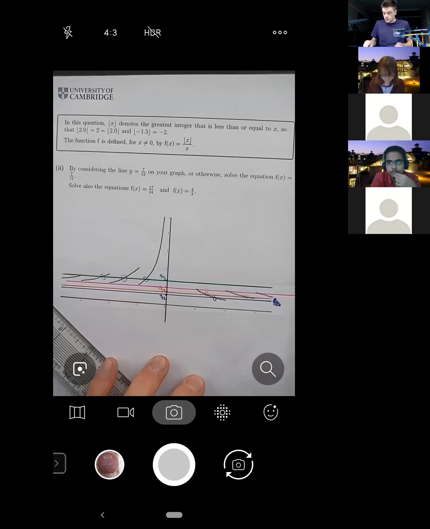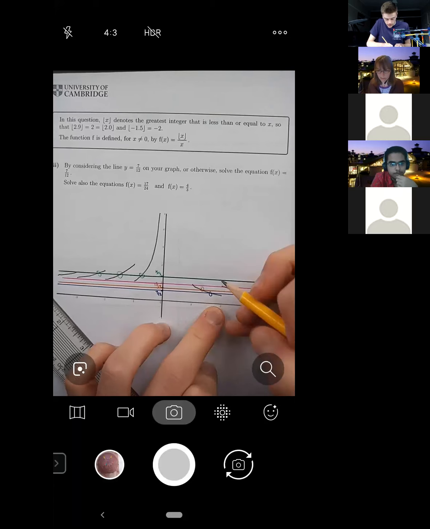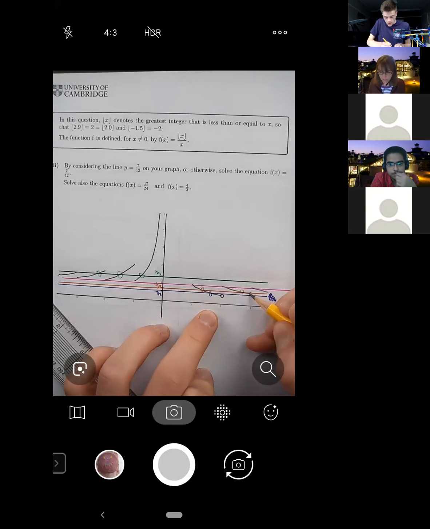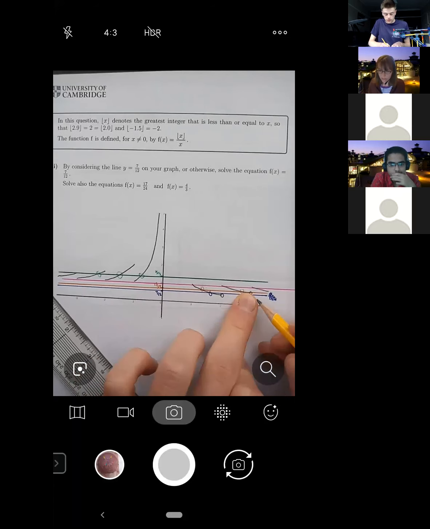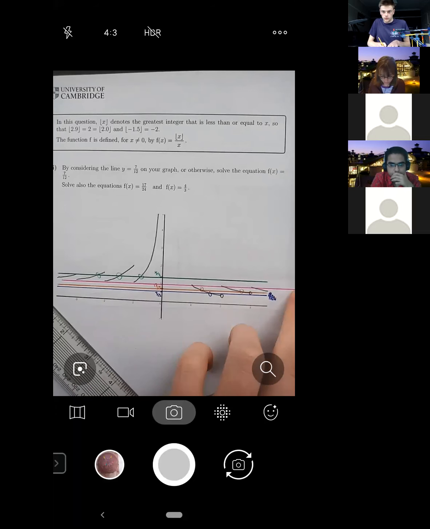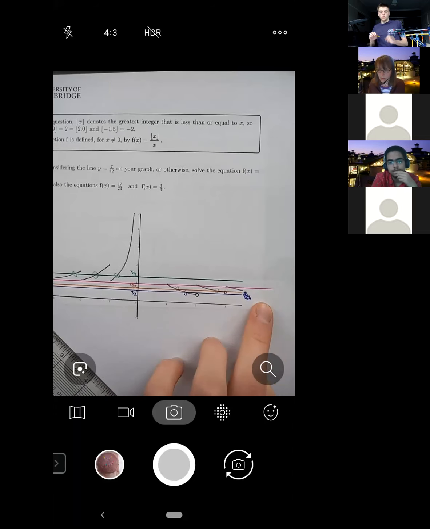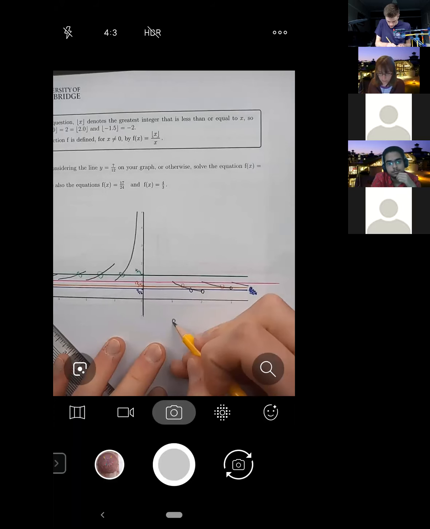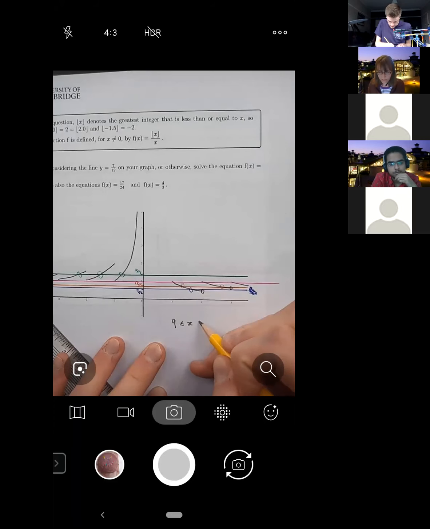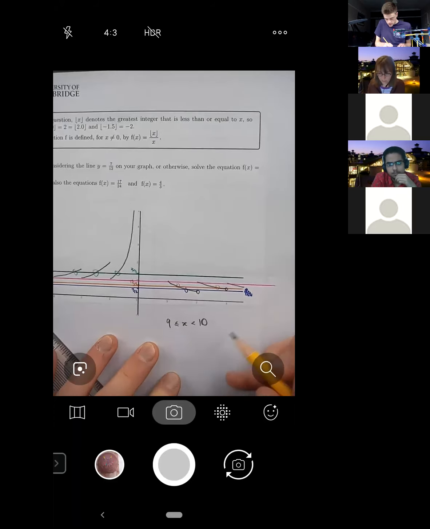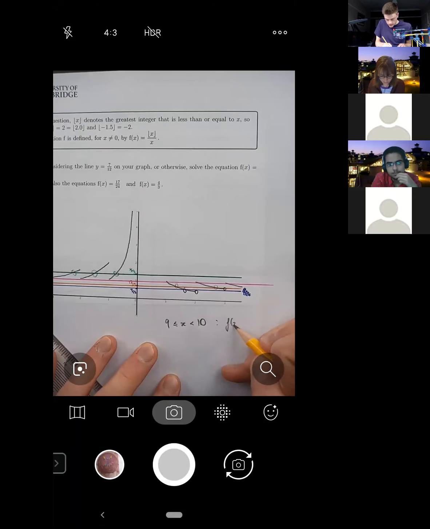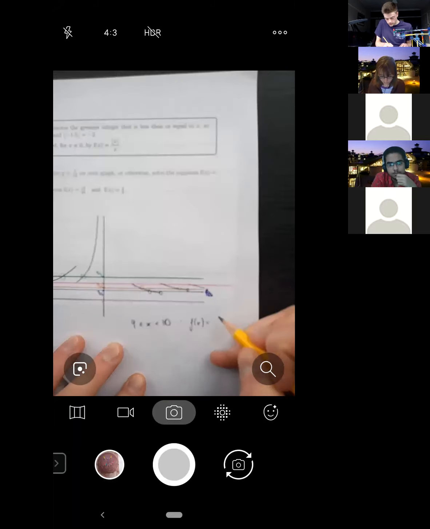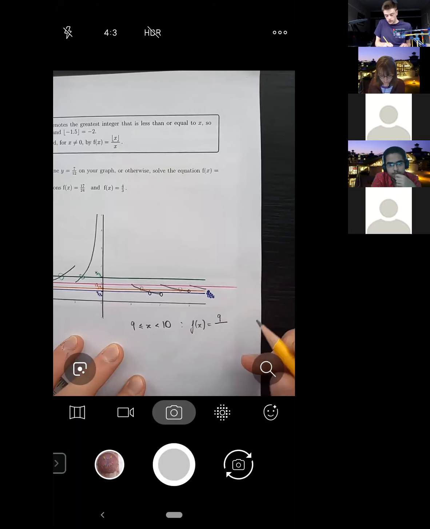Okay, now the endpoints here that we weren't taking the value from were a half, 2/3, 3/4, 4/5. So on the interval 9 less than or equal to x less than 10, f of x is going to be the floor of x, which is 9, over x.